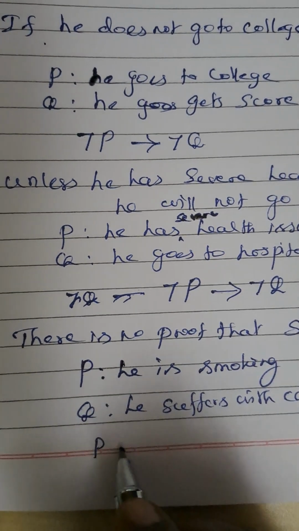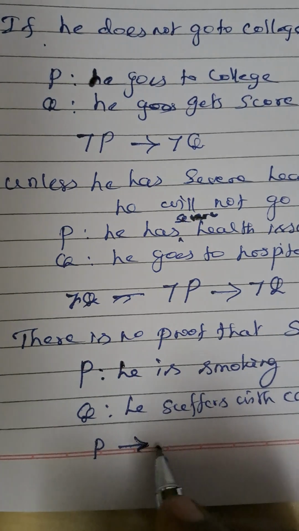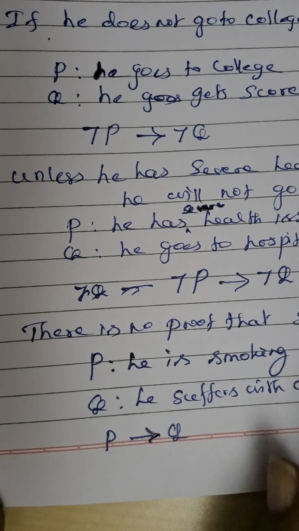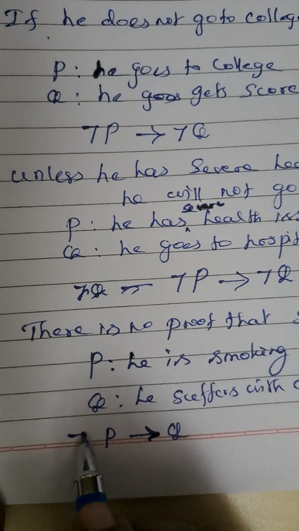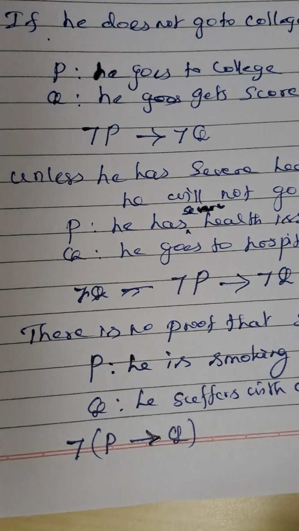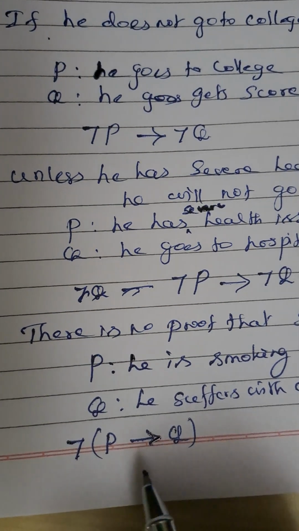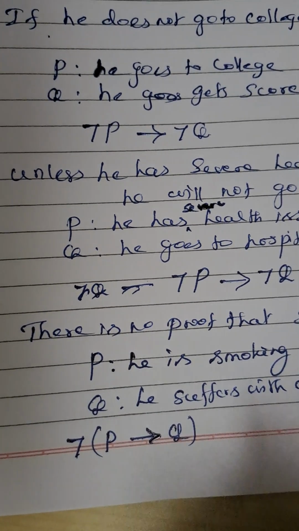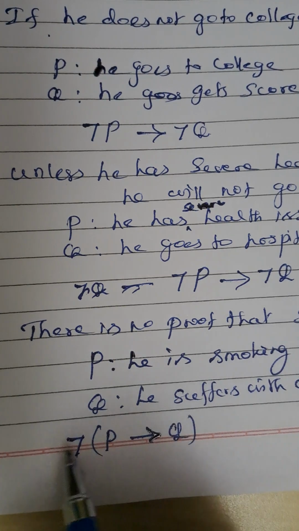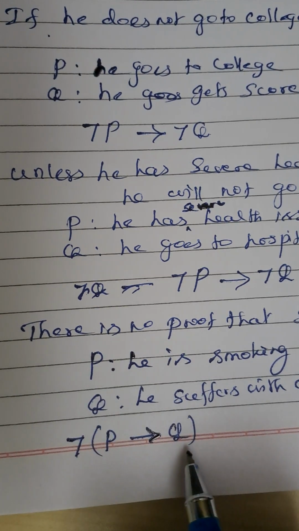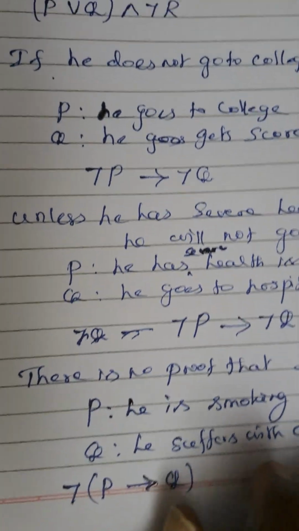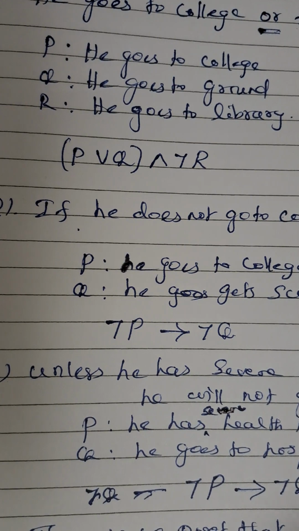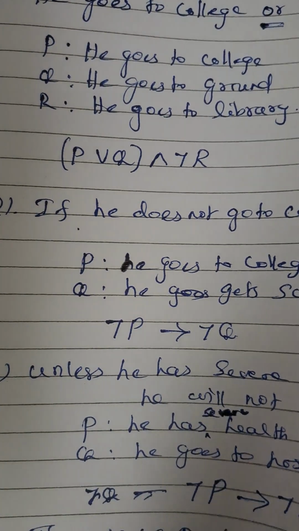Then if he smokes, he will suffer with cancer. It's not the case. There is no proof. So negation. The statement is not true. So if you take the statement is true and put negation, so smoking causes cancer is not true.